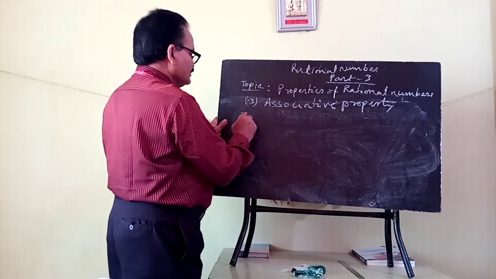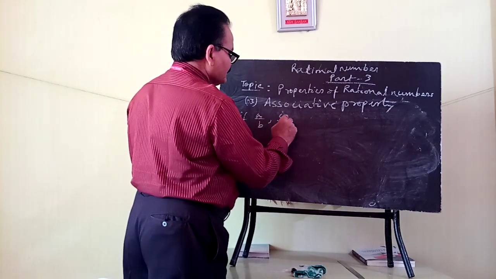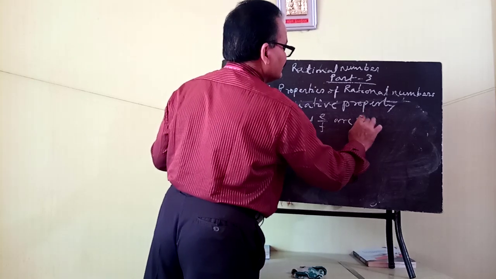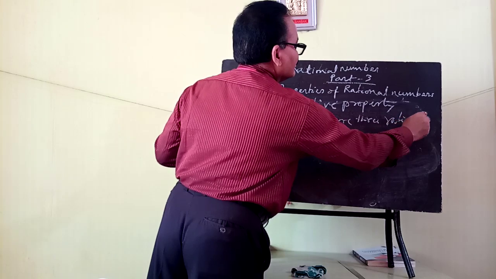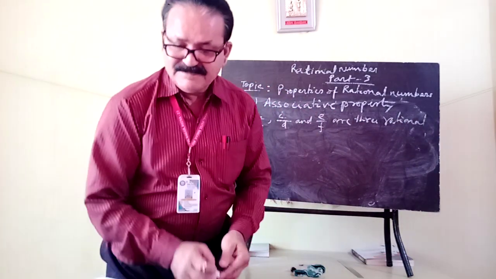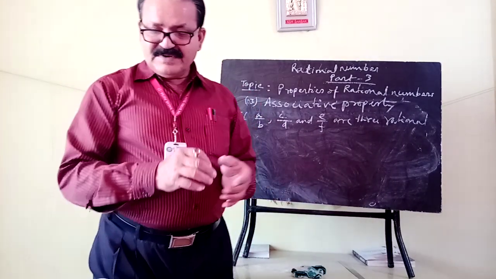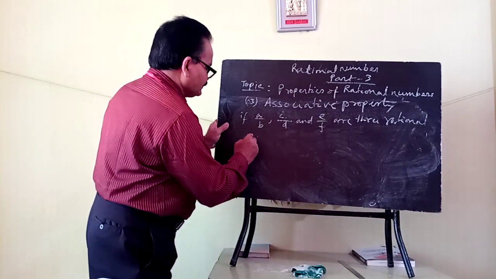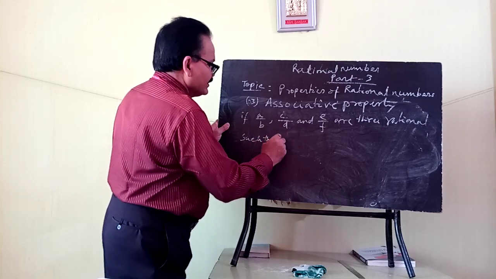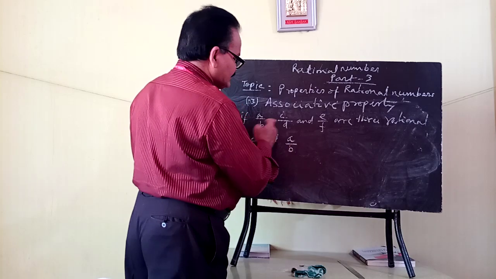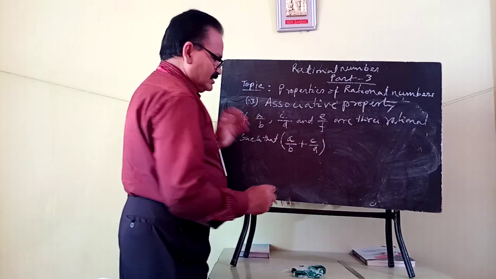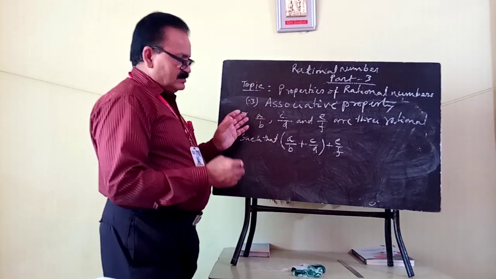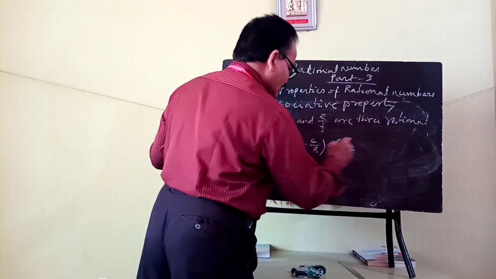If A by B, C by D and E by F are three rationals, they can be added such that if you first add A by B and C by D, what result you will get, then with that result if you add E by F, whatever answer you will get, that will become same if you change the order.